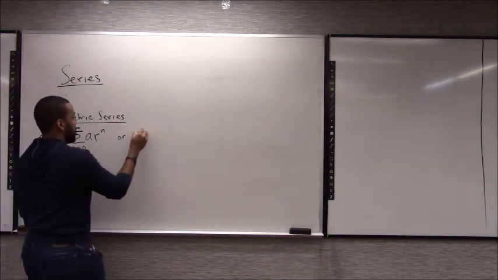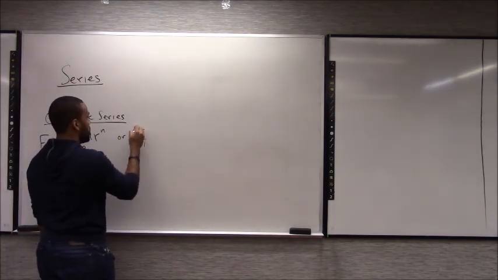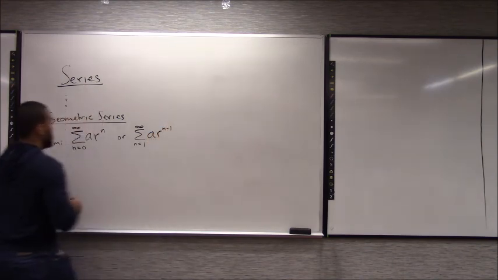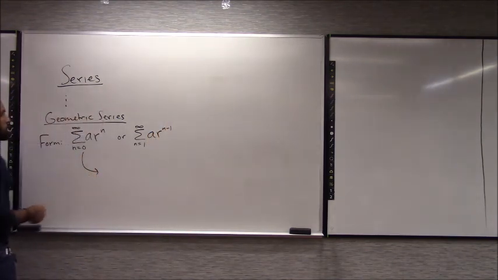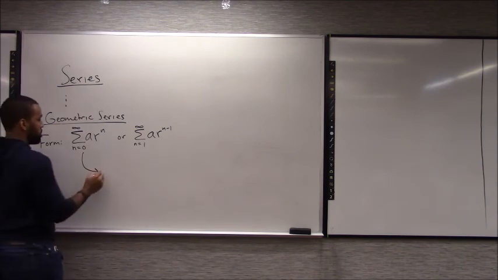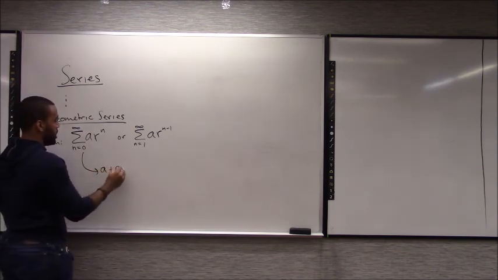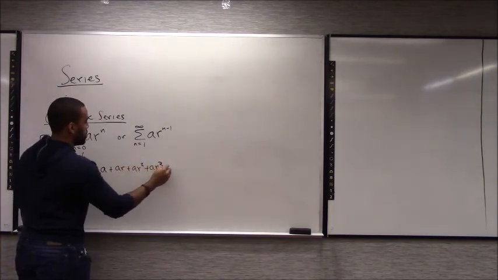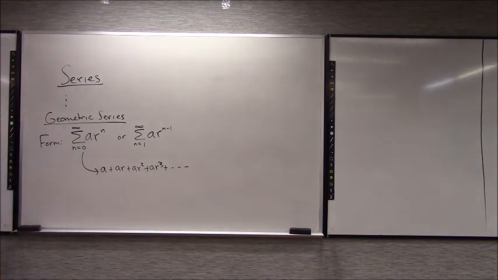Or you can start at 1, which sometimes people do: a r to the n minus 1. When you start to actually write out what it is, the first term is going to be a, plus a times r, plus a times r squared, plus a times r cubed, etc.